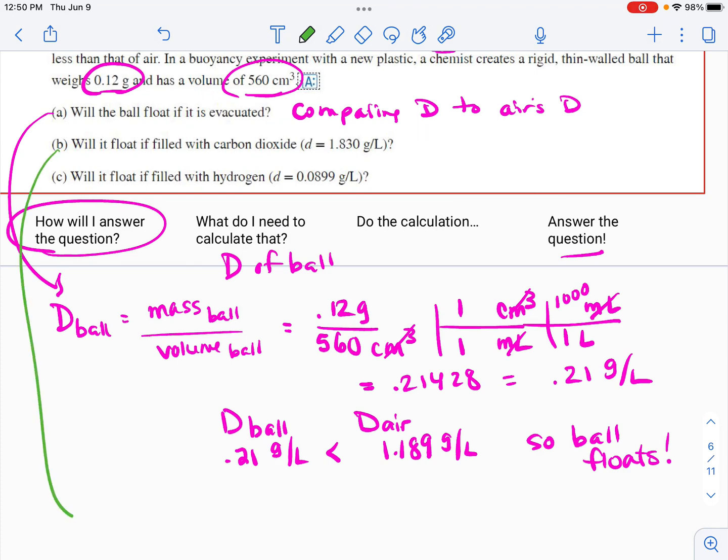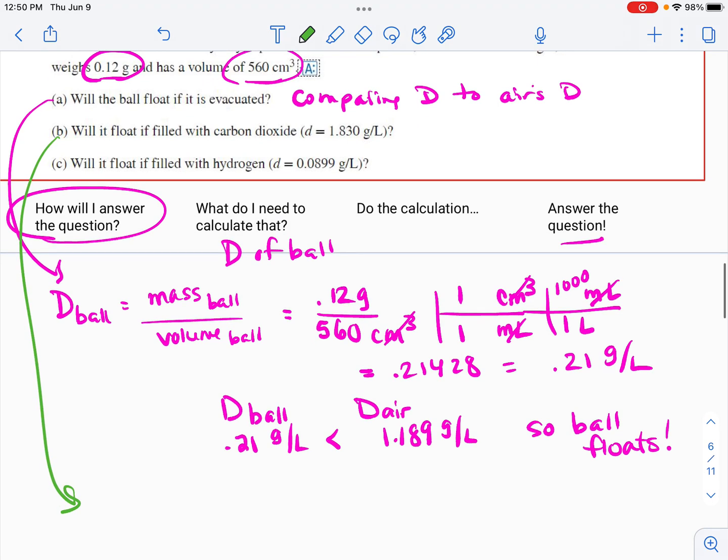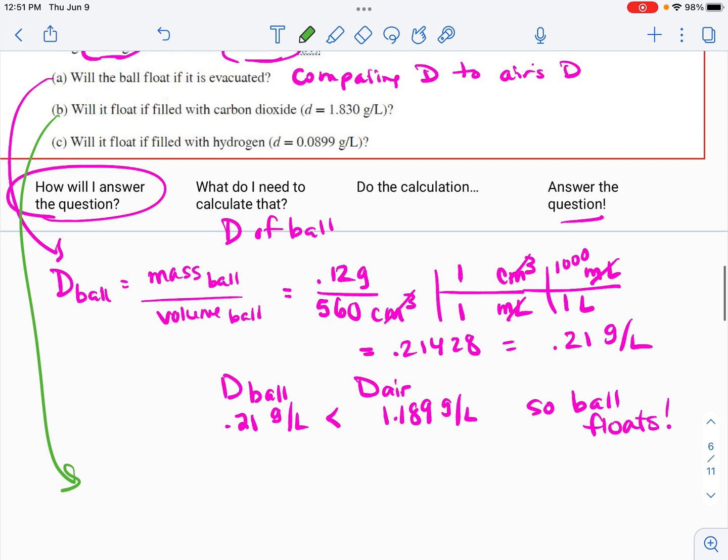Let's do part B. They want to know if it will float if it's filled with carbon dioxide. So now what I really need is the density of the ball plus CO2, which means that I need the mass of the ball plus the mass of the CO2 that would be in it over the volume of the ball and the carbon dioxide.